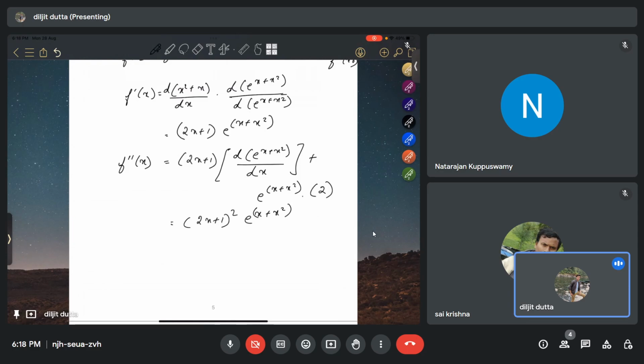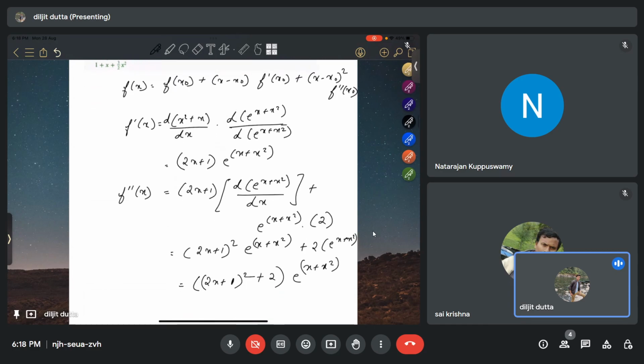So it is 2x plus 1 into e to the power x plus x square, plus 2 into e. So we can take e to the power x plus x square common, 2x. Okay. So we got f dash x and f double dash x.